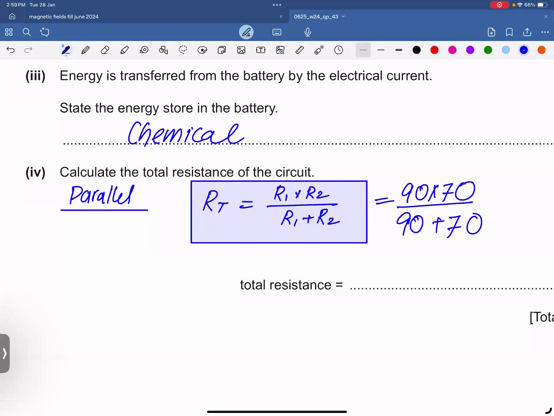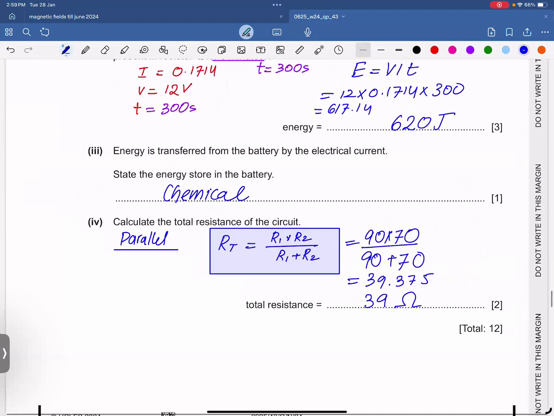So 90 times 70 divided by 90 plus 70 is 39.375. I will round to two significant figures, which is 39 ohms. Don't forget to write the unit of resistance, ohms. Do you have any question? No question. Let's proceed to question number 7.